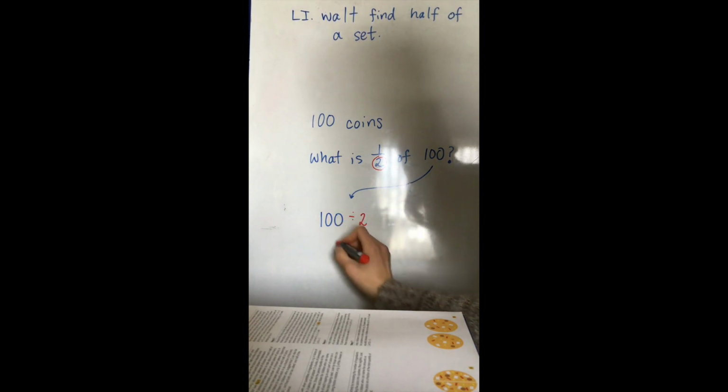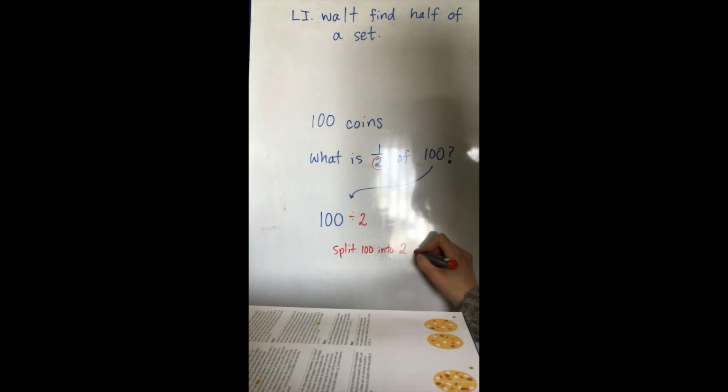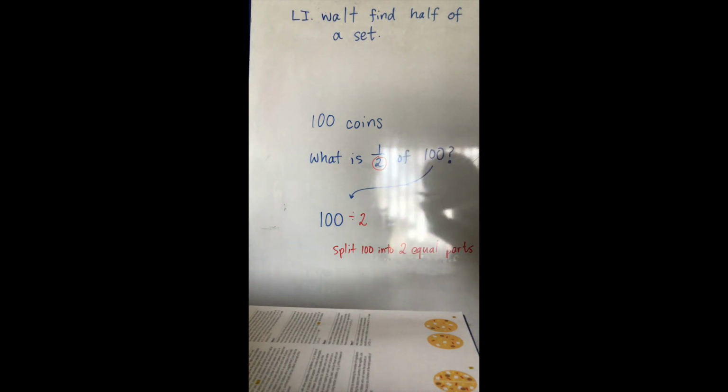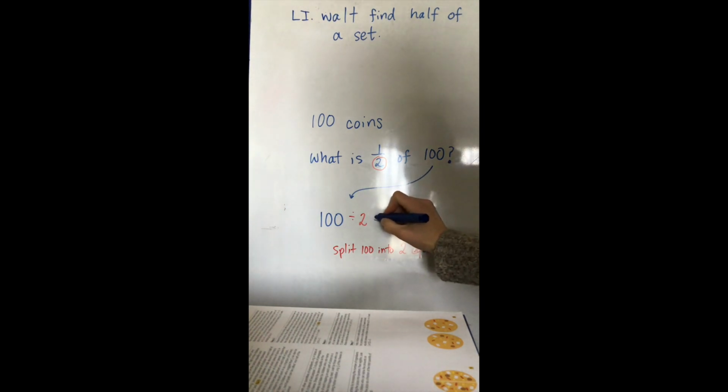So we want to split 100 into 2 equal parts, one part for one pirate and one part for the other pirate. So we have 100 divided by 2, and all of you at home are thinking, oh, I know the answer to that. 100 divided by 2 is 50.